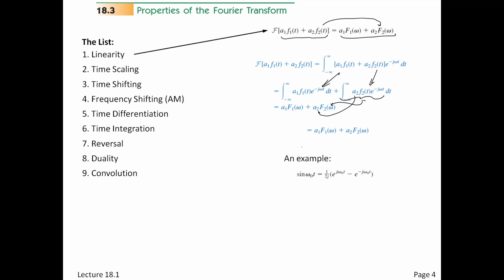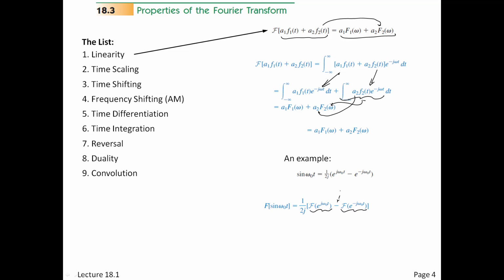All right, here's an example. Sine omega 0 t is what? We already know. We did this from Euler's identity. We did something like this already. And we know that the transform of the sine then is 1 over 2j times the transform of the individual functions, well, subtracted.